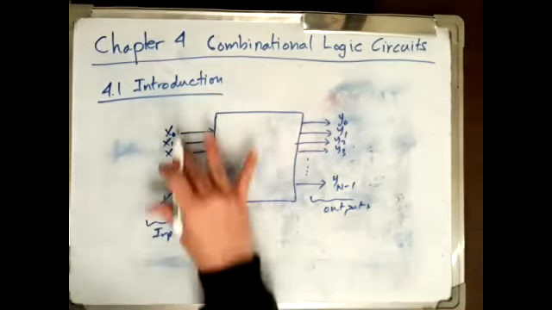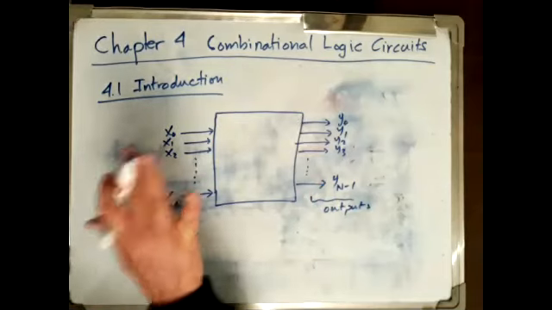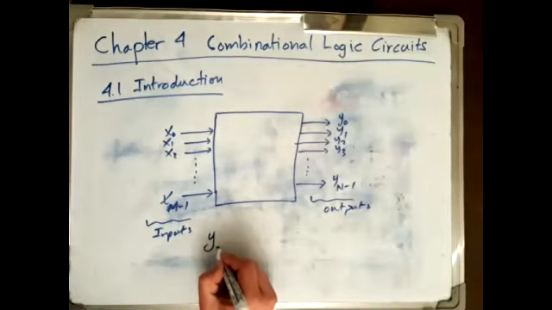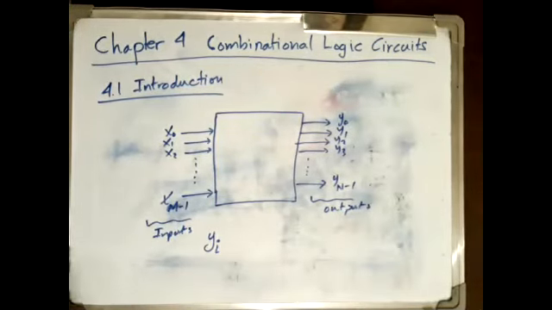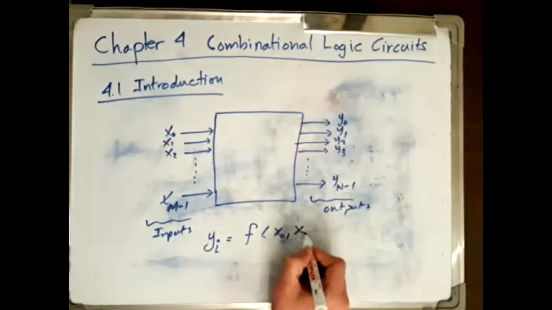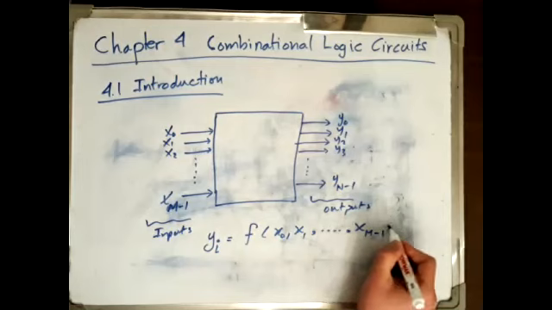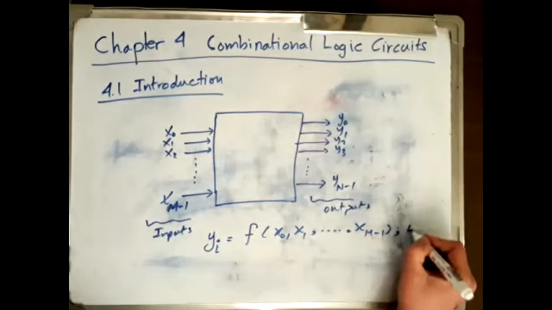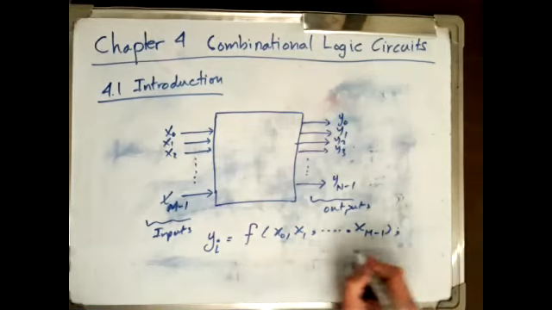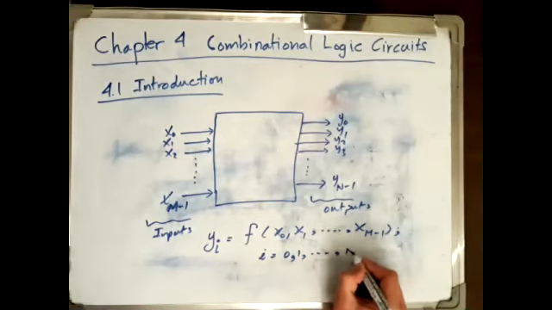Now this digital system, which is composed of gates, performs some sort of transformation or mapping from the inputs to the outputs, such that any output y sub i is a function of x0, x1, up to x(m-1), for i equals 0, 1, up to n-1.